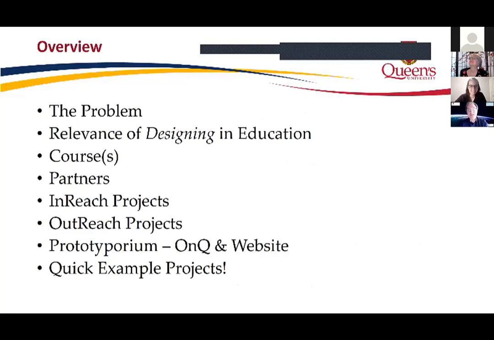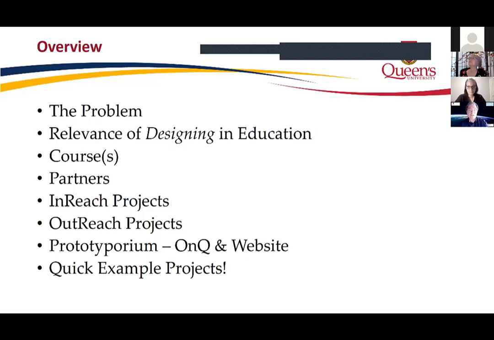So, the overview. I do want to position it in a designerly way, just about the problem that we're dealing with in education. I am a faculty member responsible for educational technology and the learning of educational technology by students in our program. The relevance of designing, I'll look at the courses, the partners that were involved in this.